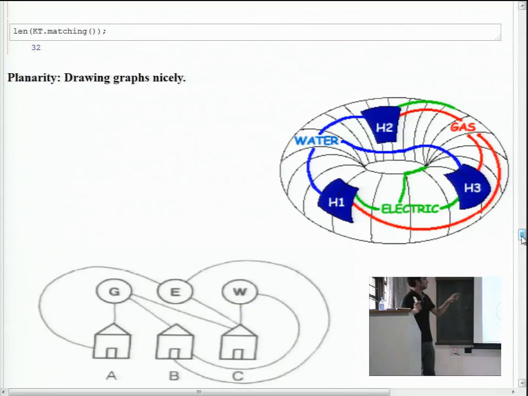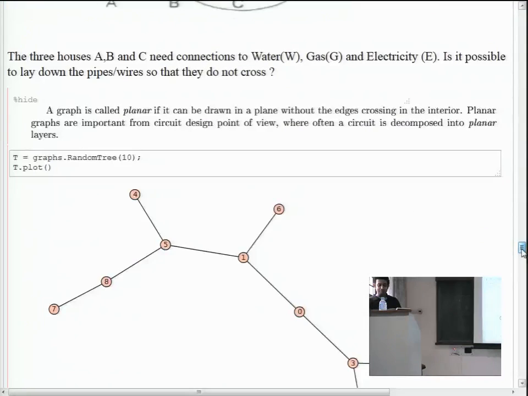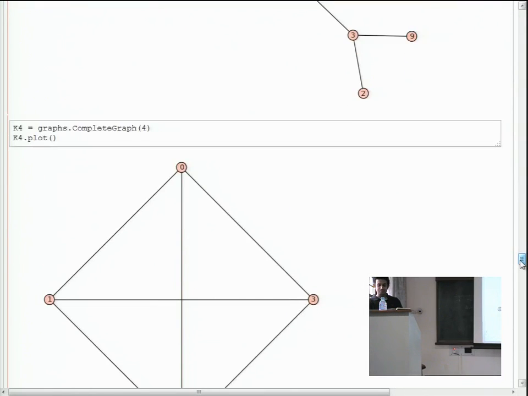You can lay down houses and water, gas, and the pipes can come. And so this graph, the bipartite graph with 3 vertices on each side, you cannot put it on a plane or a sphere in a non-intersecting way, but on a torus you could have put it. So something non-planar might actually be drawn on a torus.